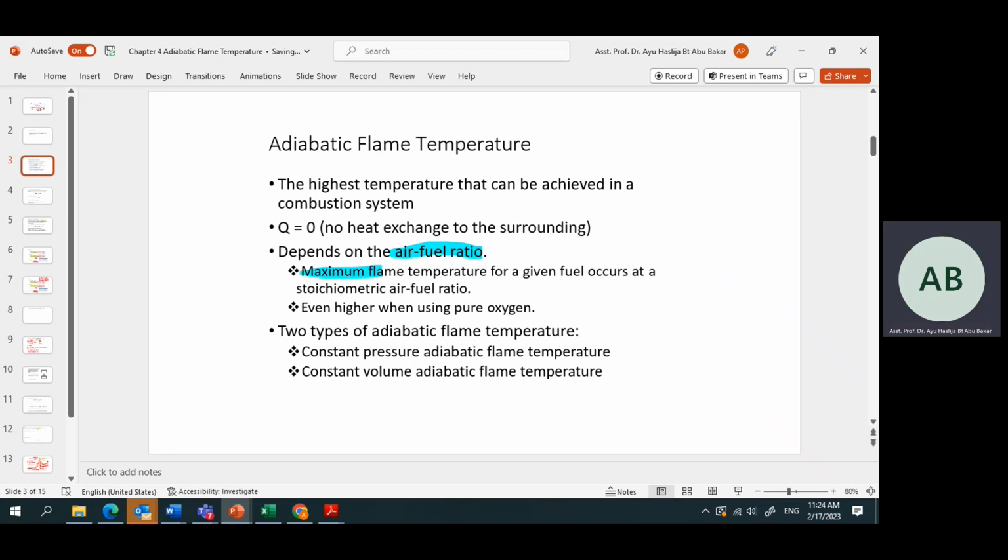Maximum flame temperature for a given fuel occurs at a stoichiometric air-fuel ratio, but it will be even higher when using pure oxygen. When no nitrogen is involved, only oxygen, the flame temperature will be higher. We will see later on the two cases, and the equation might be a bit different for the two cases.